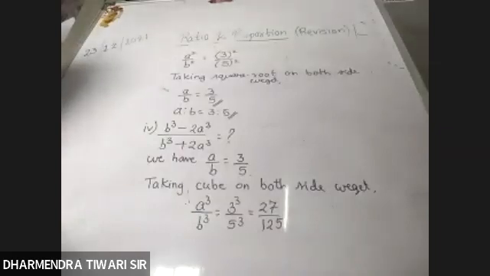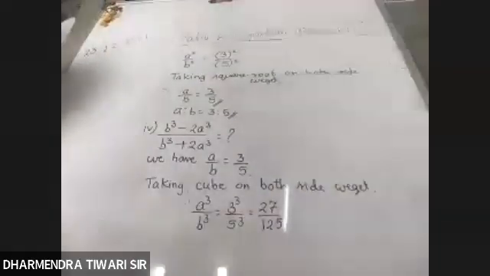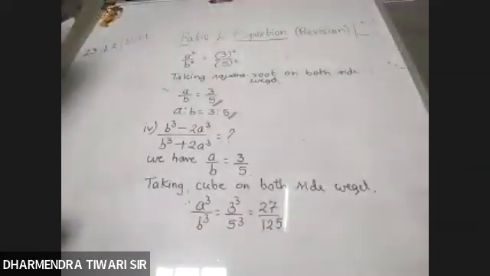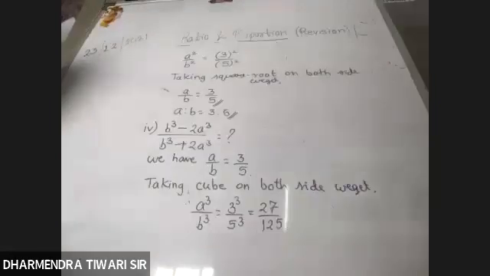Hope you don't have any doubt in this. If you're having any doubt, you can multiply 3 into 3 into 3, you will get the answer. And for 5 cube, you have to do 5 into 5 into 5, that is 125. So that is the answer of a cube upon b cube.